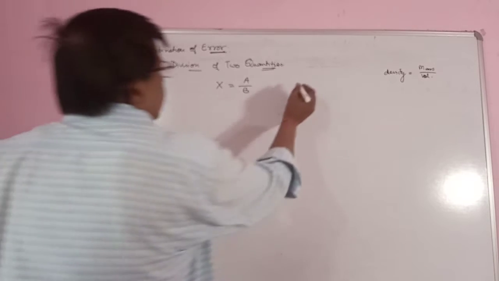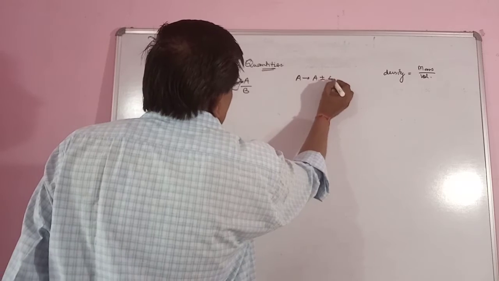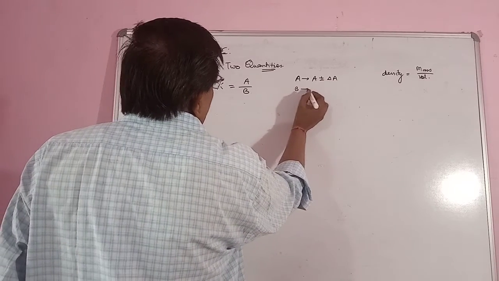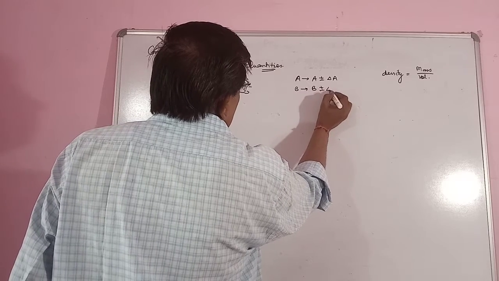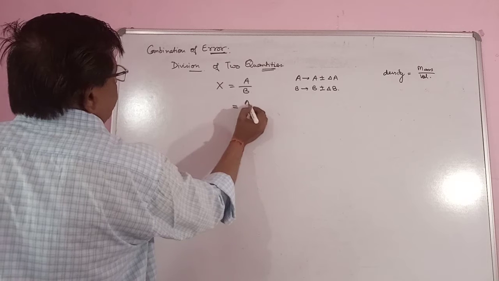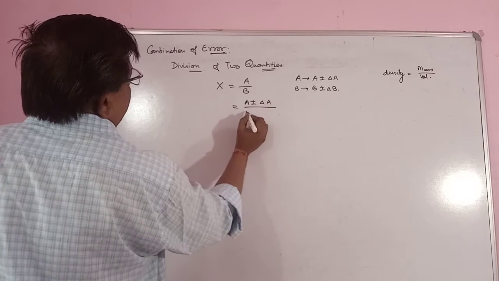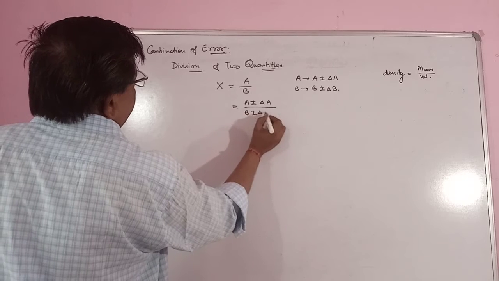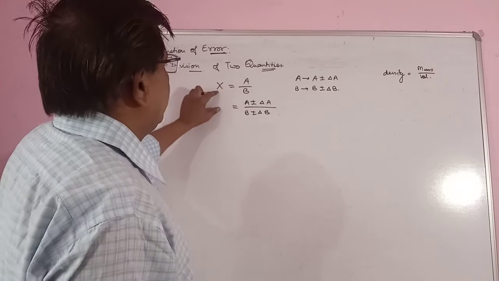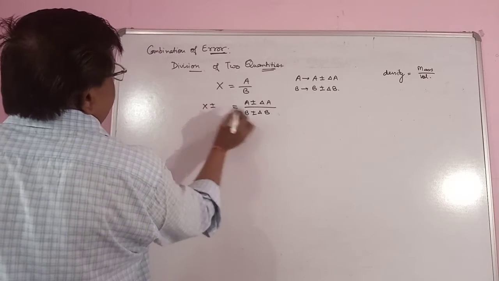So a person measuring A, as in the previous lecture, and B, gets A plus minus delta A as well as B plus minus delta B, and the result of X will be influenced by these two errors.